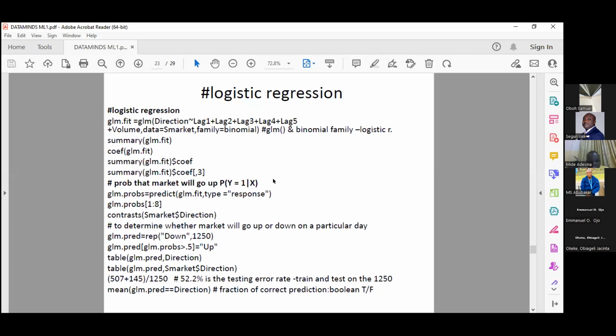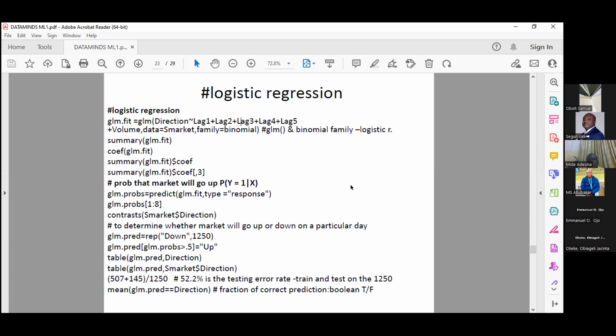Now, the next line that says glm.probs, 1 to 8, means that instead of the probability giving us 1,250 values, because we are predicting for each day, we are not interested in knowing what each day gives.